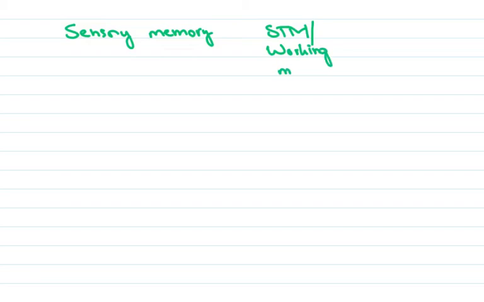Last time we'd been talking about different storages, and we talked about sensory memory and short-term memory or working memory. By the end of it, we touched on how there is a long-term memory, but we didn't really get to what exactly the long-term memory is about.